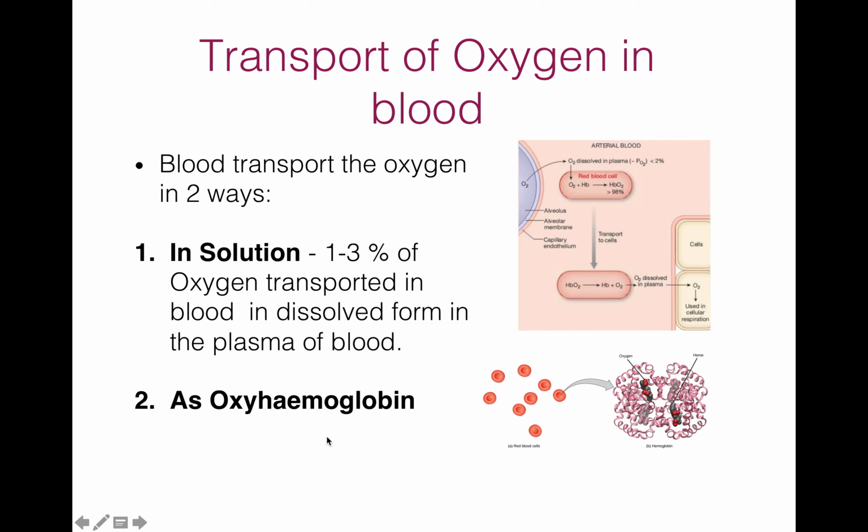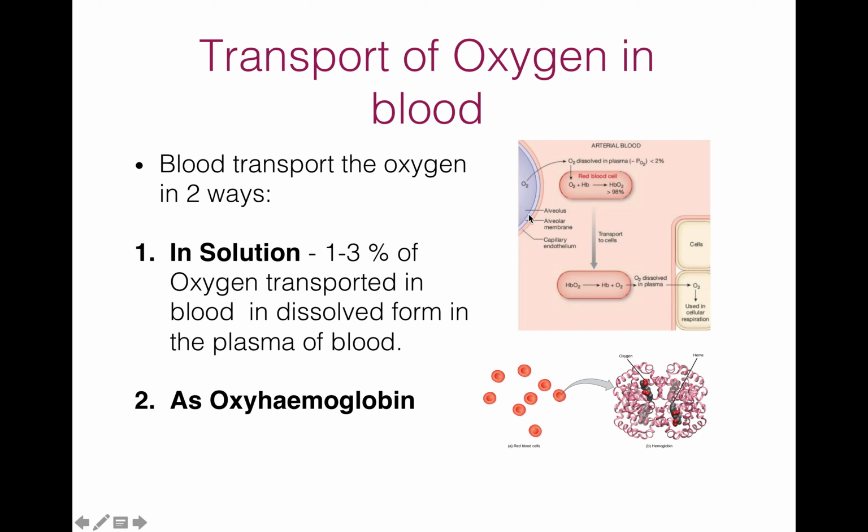Now, blood transport as oxyhemoglobin. About 97 to 99% of oxygen is transported in chemical combination with hemoglobin in erythrocytes, that is RBC, red blood cells. Here you can see this is alveoli, or singular form alveolus.